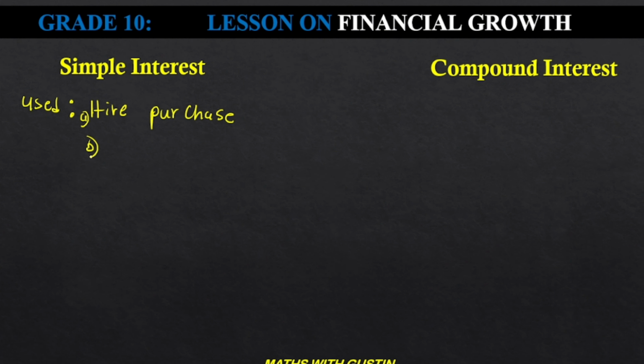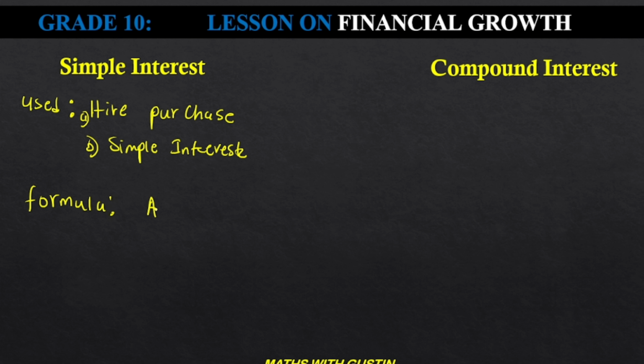We can also use it if the question says calculate the simple interest amount at the end of certain years, or at the end of a certain period if you have saved the money in the bank. And the formula that we use to calculate this is this formula here.